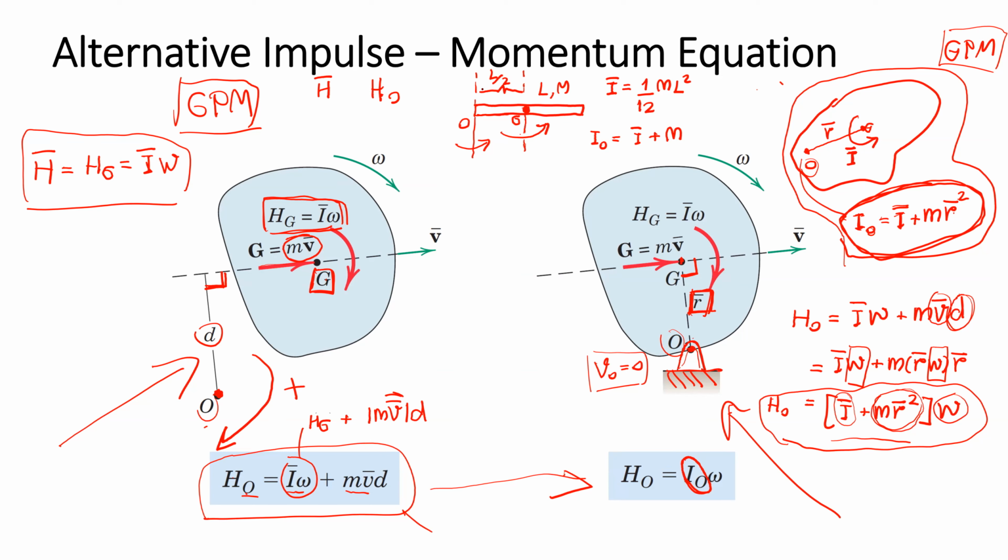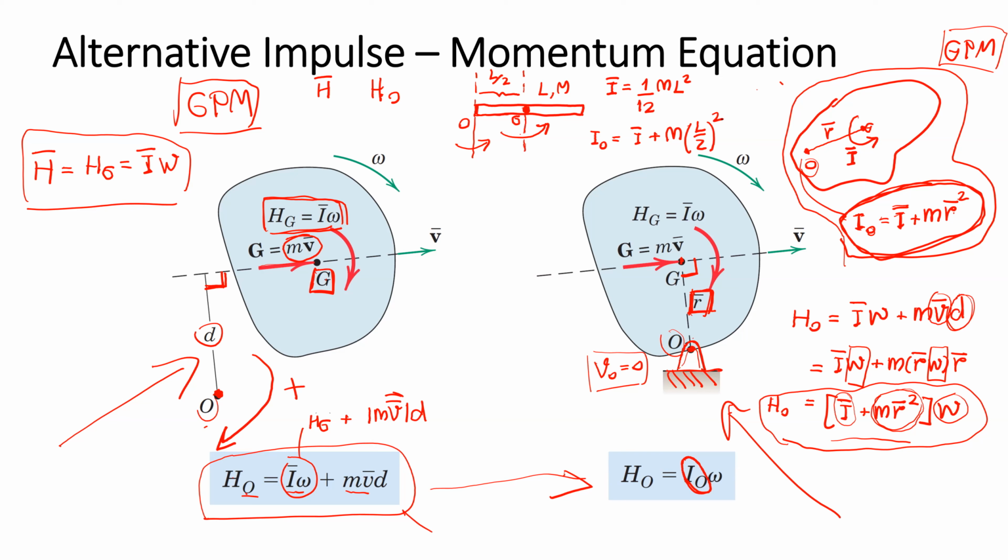This offset is L/2. If the length of the bar is L, this offset between point G and the left end of the bar will be (L/2) squared.